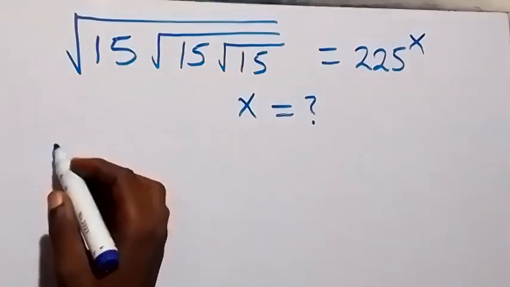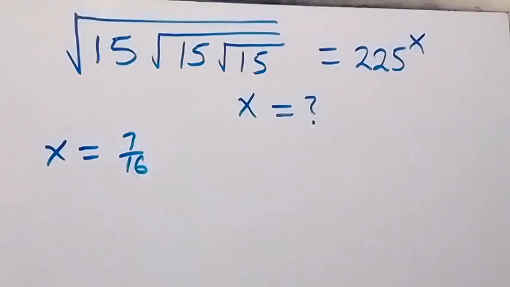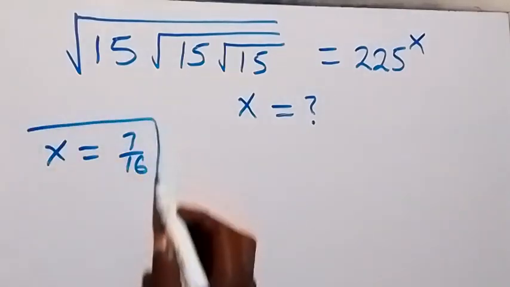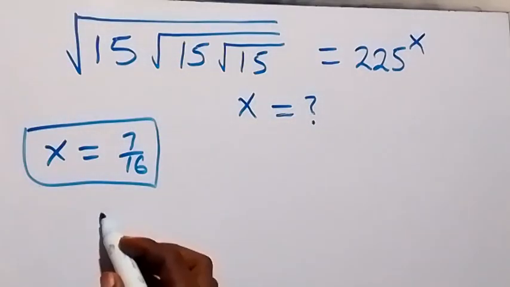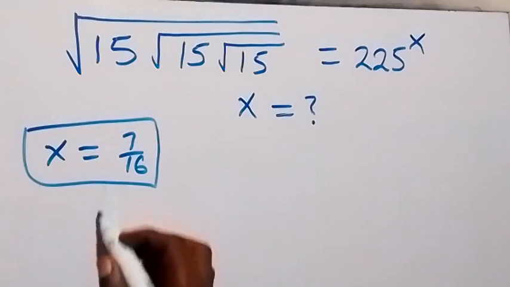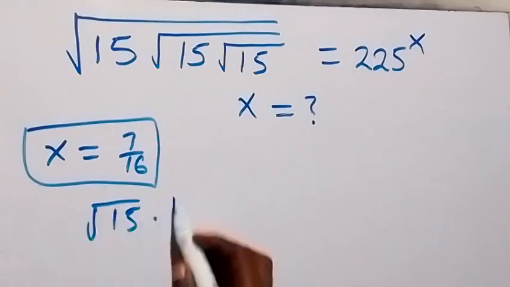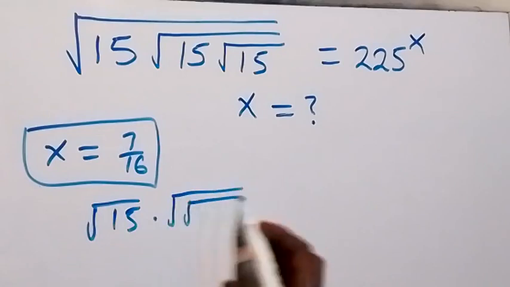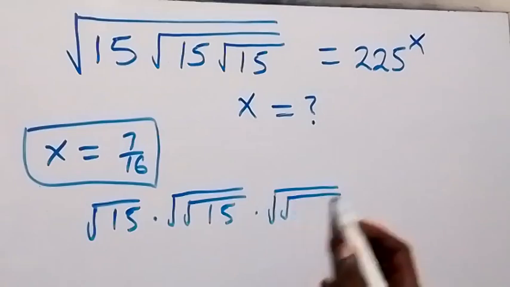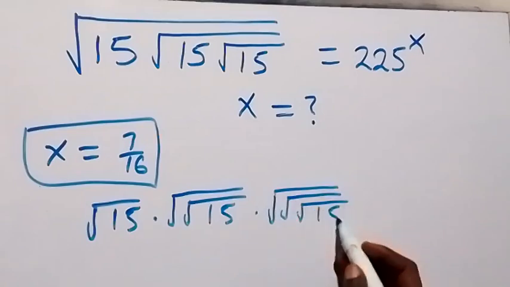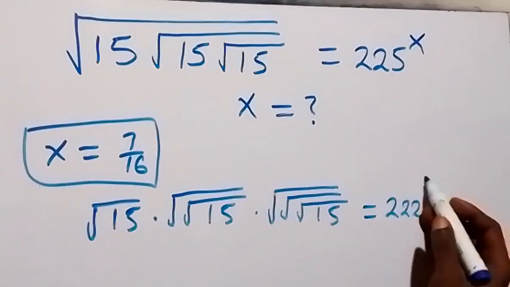Given here, let's put in the value we got, x equals 7 over 16, to check if this will satisfy. Then here we have the square root of, we can separate it as root 15 there, then times root of root 15, now that's 15 times the 3 square roots here, then 15, now equals 225 raised to power 7 over 16.